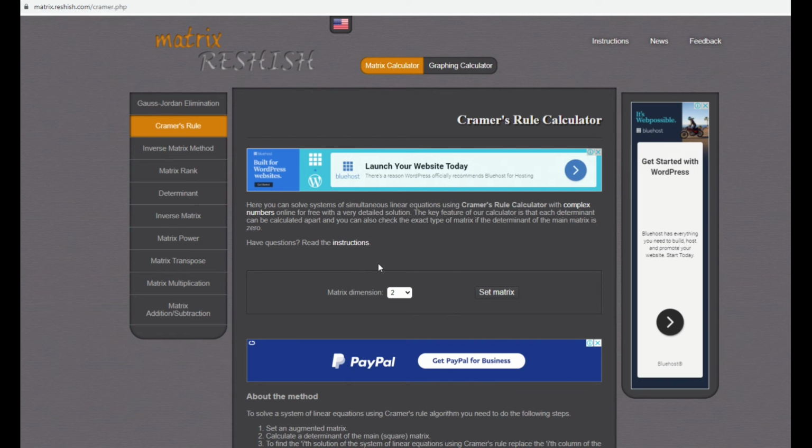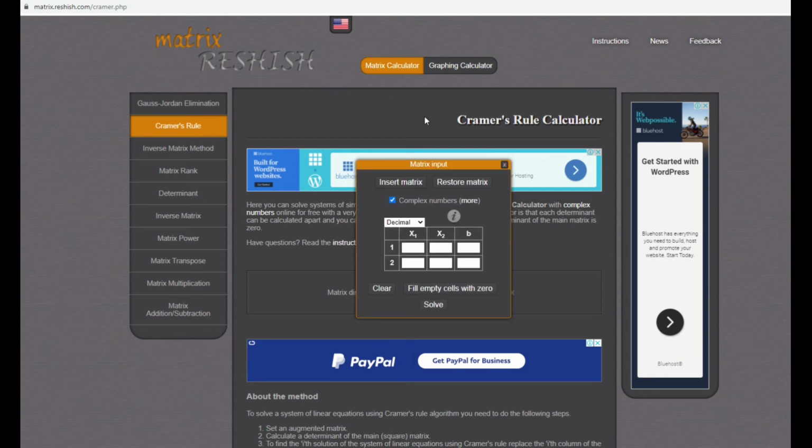Here you can select the matrix dimension. For this question we only have two equations, so it's a 2 matrix dimension. Select 2 and set matrix. Then click complex number and insert the values of the equation inside this box.